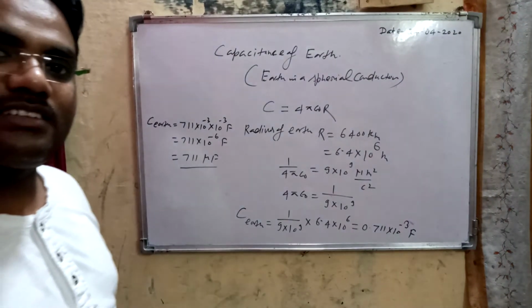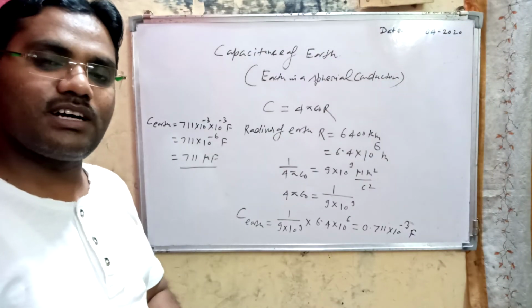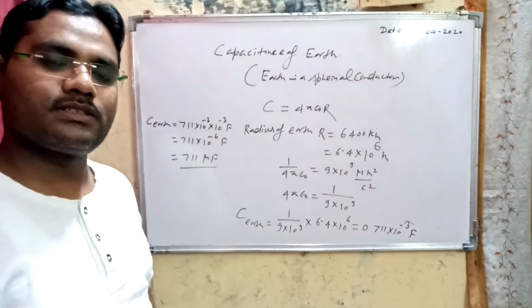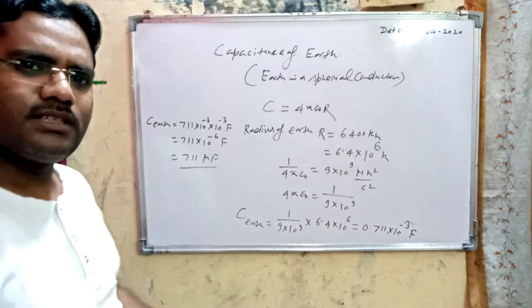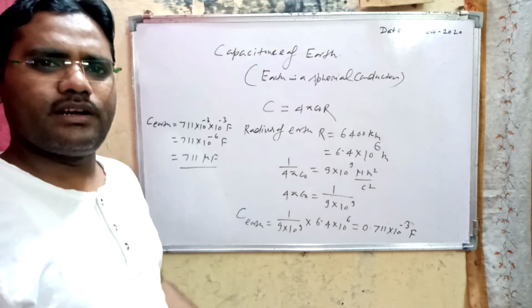That means farad is a very big unit. Farad is the biggest unit of capacitance. Hence we use some practical units. In numerical problems, capacitances are always given in microfarad or in nanofarad.